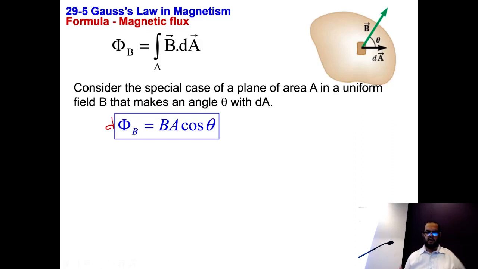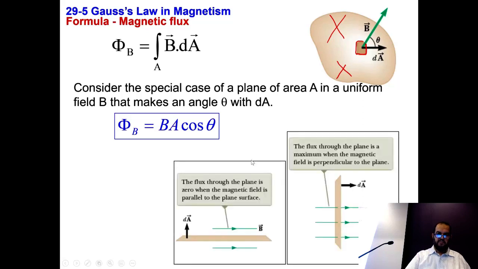We're not integrating over the whole surface. Yeah, the figure is confusing. So if the angle between the magnetic field vector and the area vector is known, we can just multiply B times A times cosine of the angle, right?